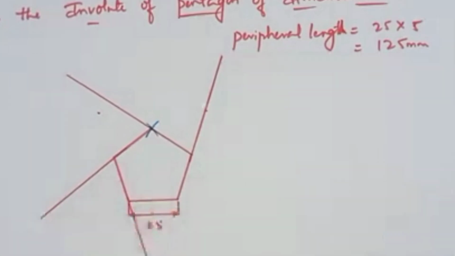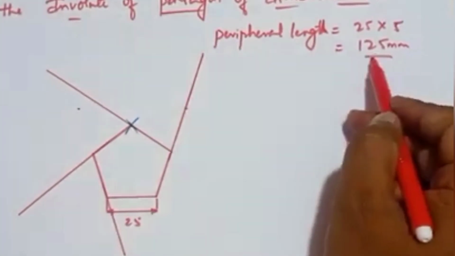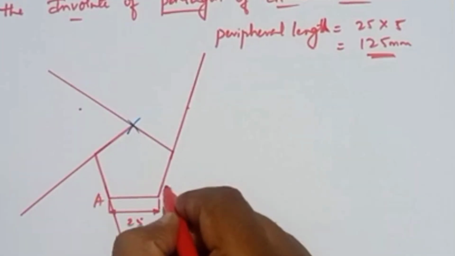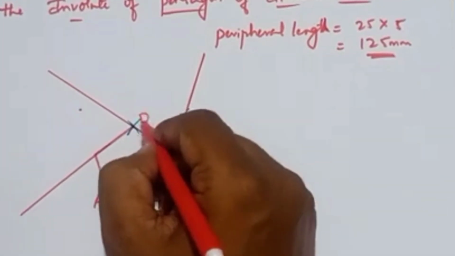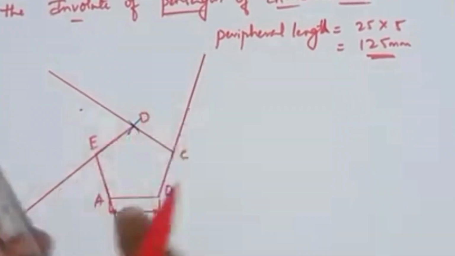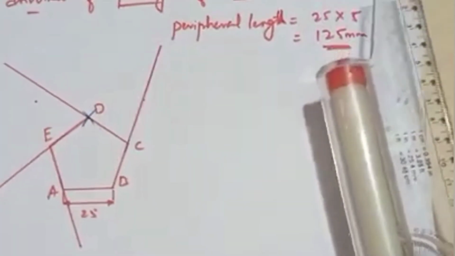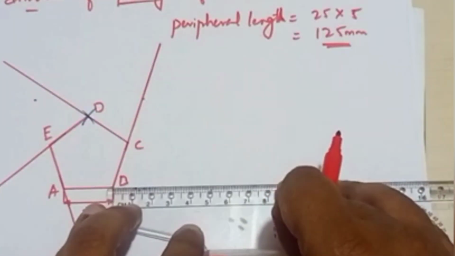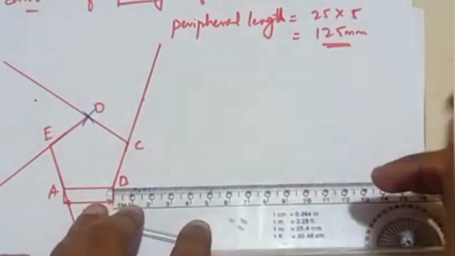Now draw the horizontal peripheral length, which is at a distance of 25 mm. Now I will be writing A, B, C, D, E. From the corner end of B, I will be drawing a horizontal line for a distance of 125 mm.